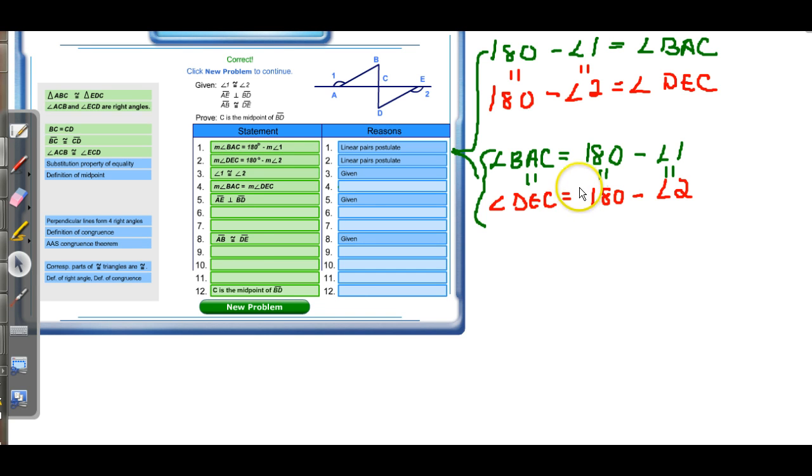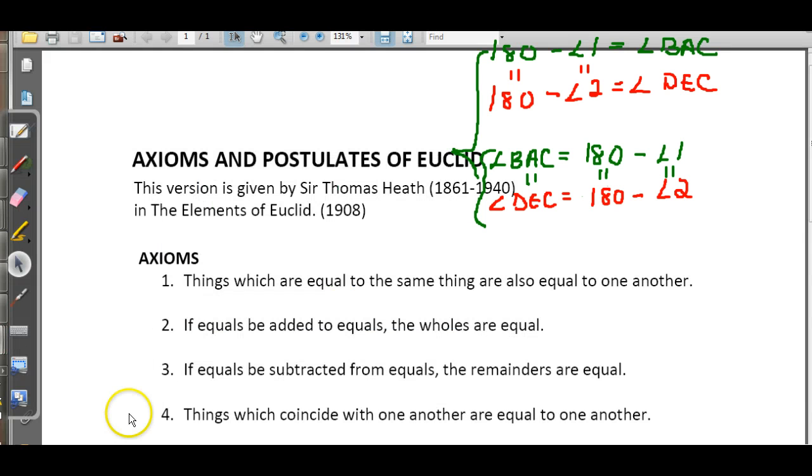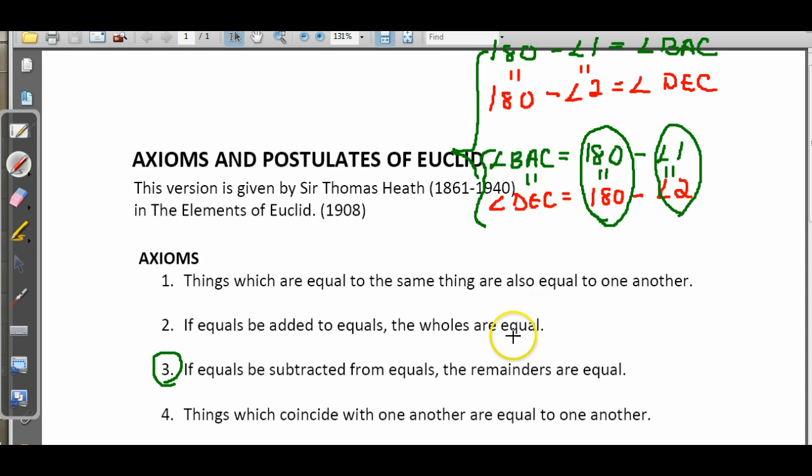Well, I like to use Euclid's axiom, and it says that down here, if equal things, okay, if equal things, these two are equal, be subtracted from equals, the remainders are equal.